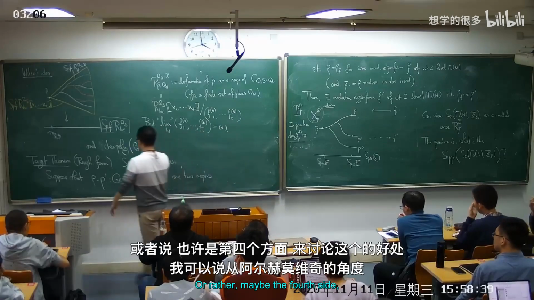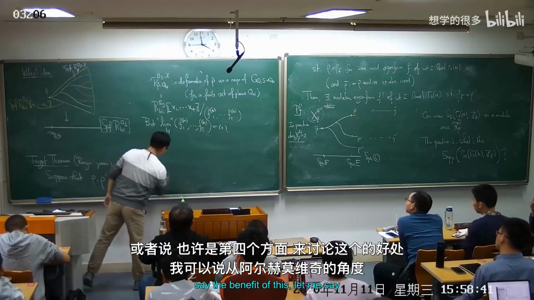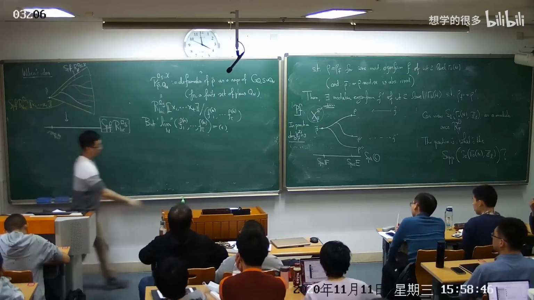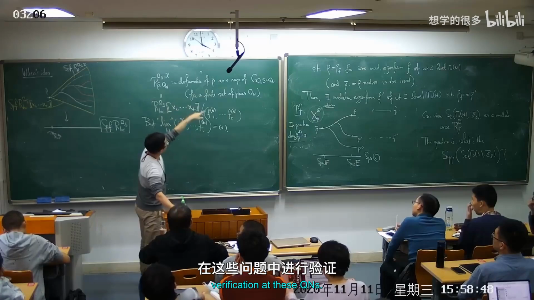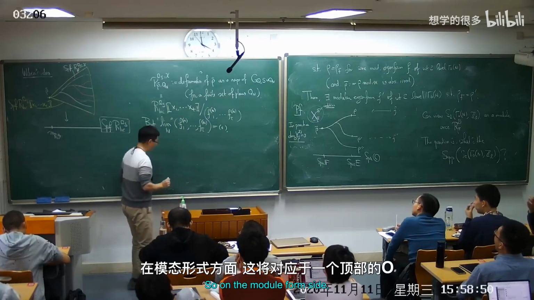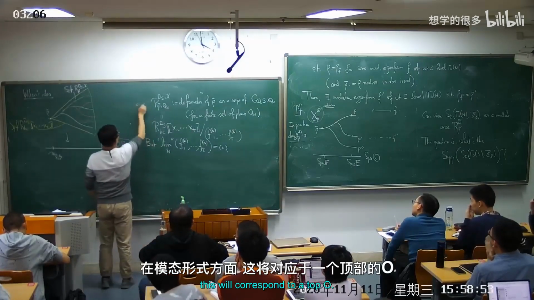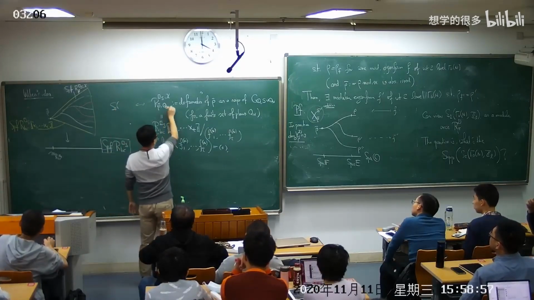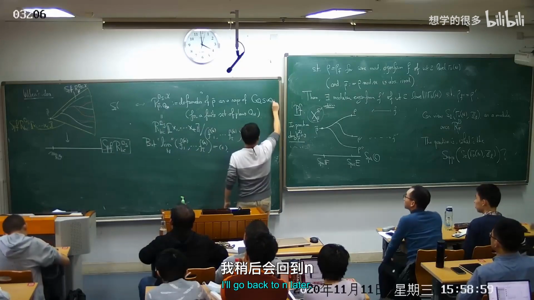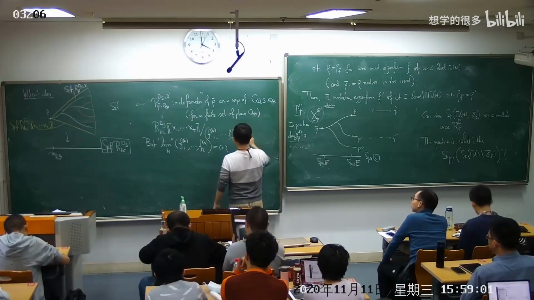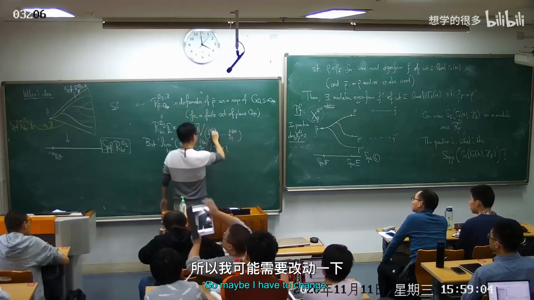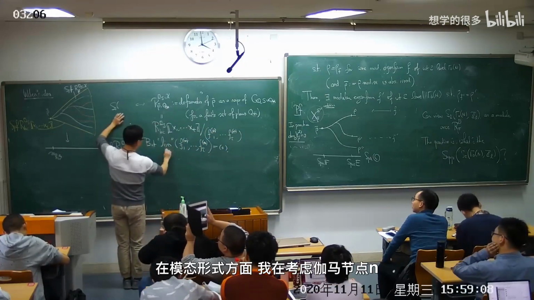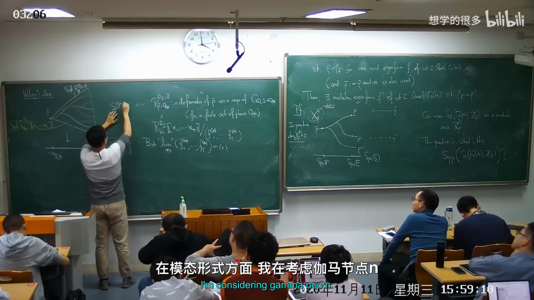Or rather, maybe before saying the benefit of this, let me say that on the automorphic side, on the modular form side, we sort of do the same thing. So over here, I allow some ramification at these Q_n's. So on the modular form side, this will correspond to, I use different indices, maybe m. I'll go back to n later on. m. So many places have to change. So on the modular form side, I'm considering Gamma_0(N).